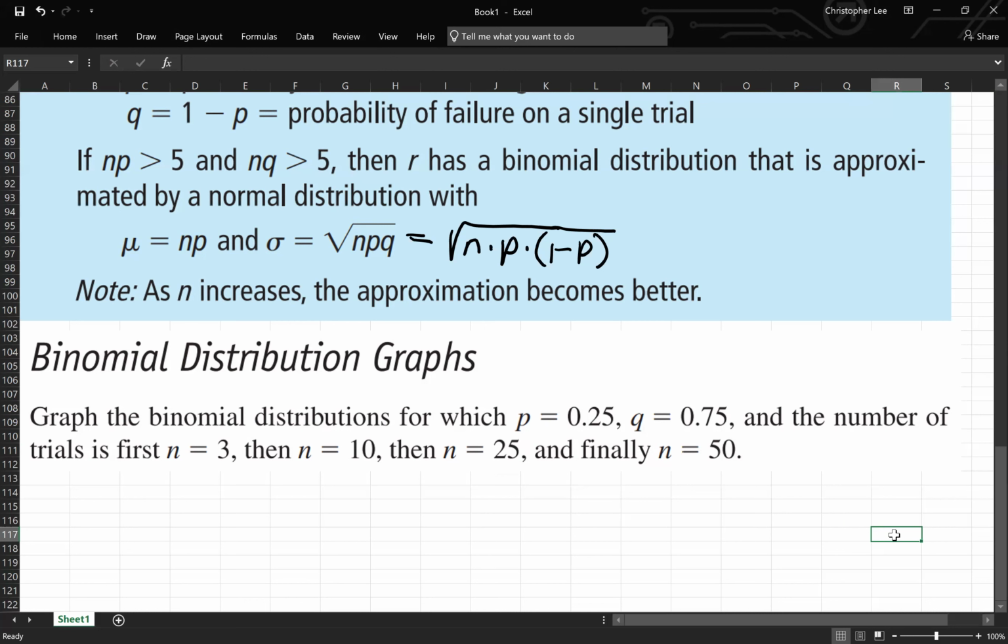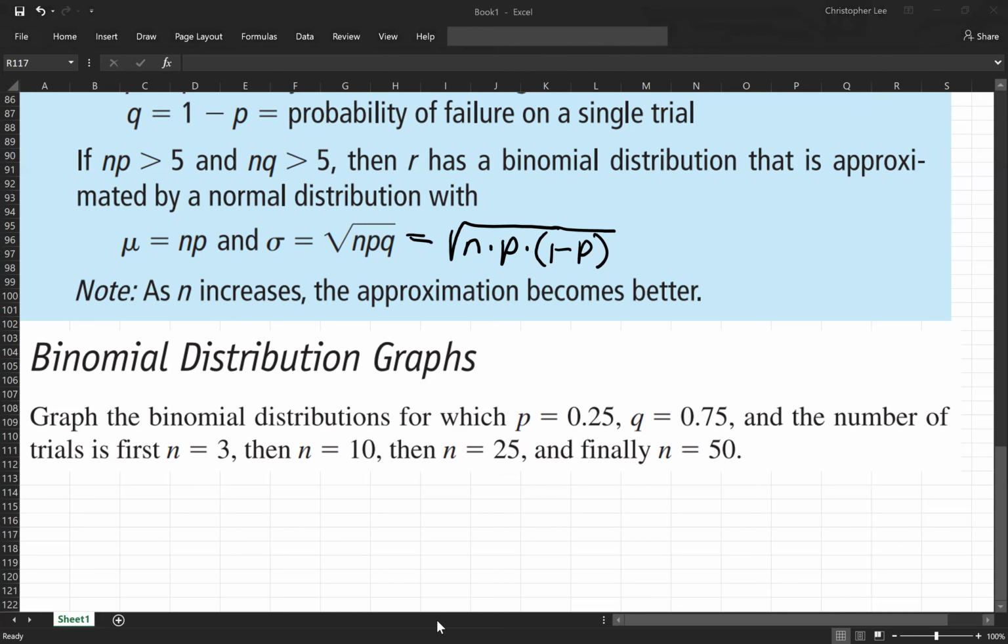And the number of trials is first n equal to 3, then n equal to 10, then n equal to 25, and finally n equal to 50. The purpose of this is to show you that as our n is increasing, the distribution is becoming more normal.